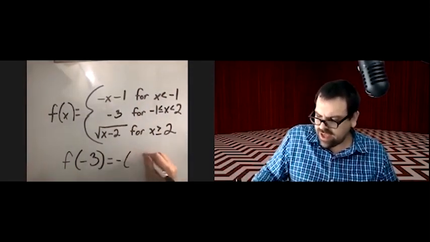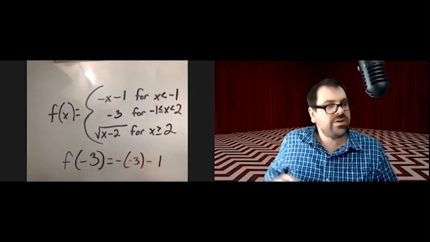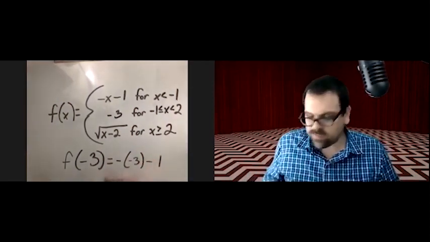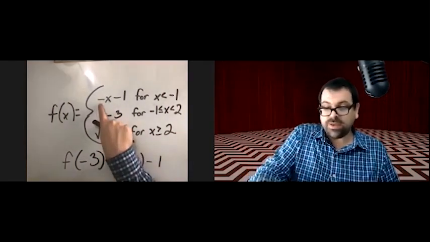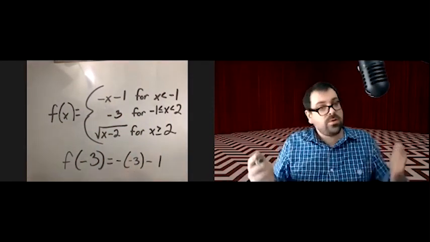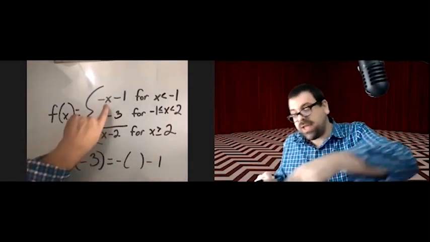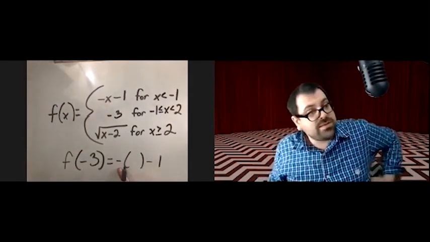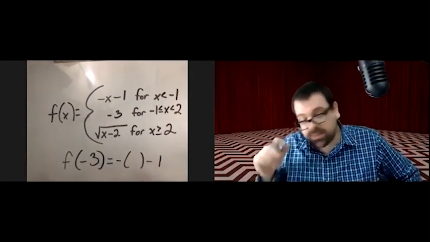That means for f of -3, we put it in this one. Instead of -x minus 1, we have -(-3) minus 1, two negative signs, because we are replacing the x with the entire -3. When I plug things in, I like to just replace my x's with parentheses first to make sure that I get the right number of outside minuses.